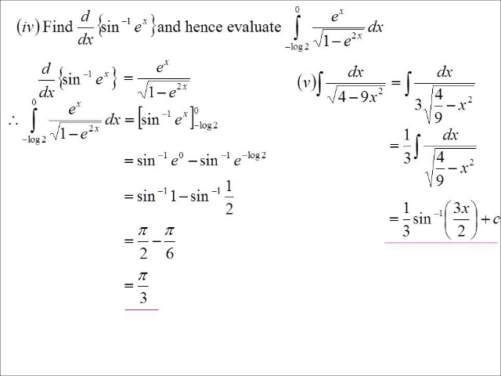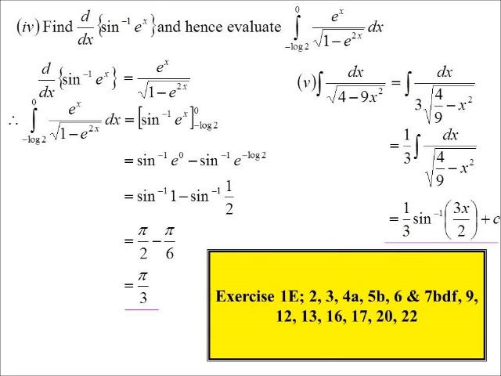So we get that 3, I've pulled out the front of the integral because we can factorize constants, we're allowed to do that. 1/3 the integral, and then inverse sine of x on a, so x on 2/3 is 3x on 2, plus, of course, a constant. There we go.